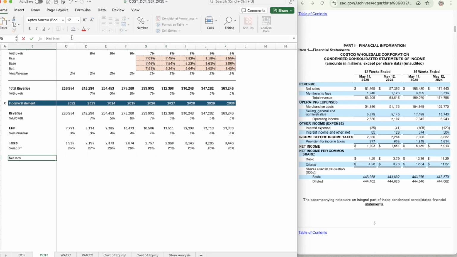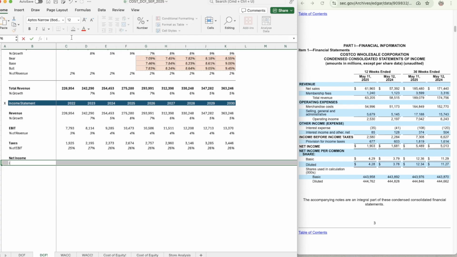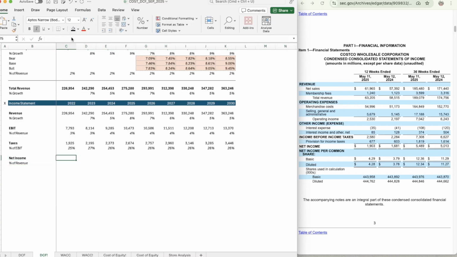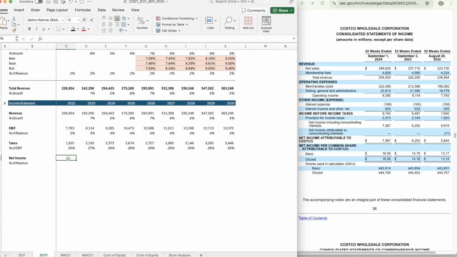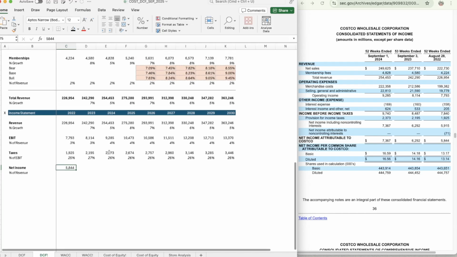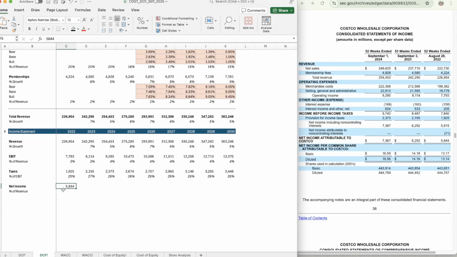And obviously it's not required for the DCF, but let's look at net income. We want that as a percentage of revenue. So net income attributable, 5844. As we were saying earlier, it's very small.